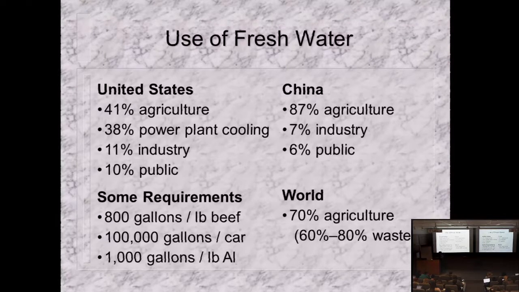So the United States and China have two very different numbers with regards to agriculture use, and a good global average number for how much the world uses water in agriculture is 70%.